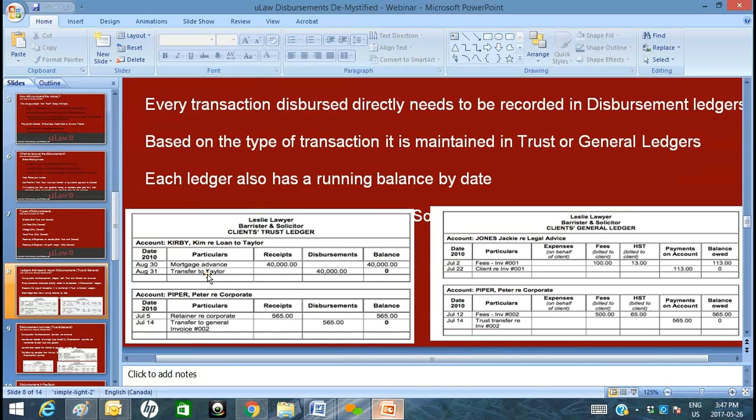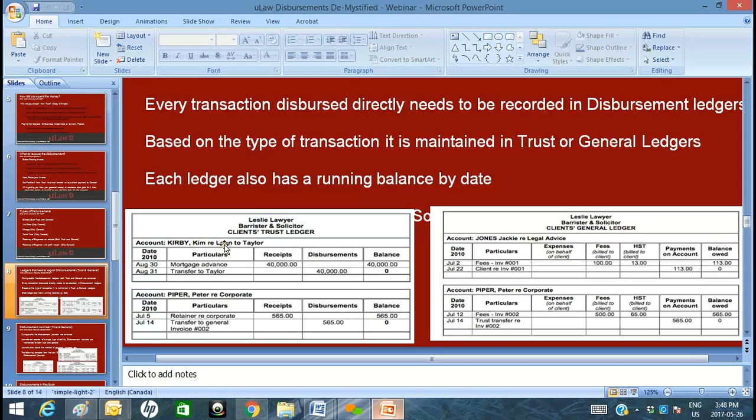Let's look at everything that's captured: the date, what it was for, the amount, the balance, and more importantly, which client it is and what the matter or file is.